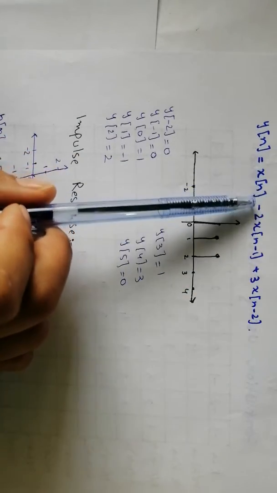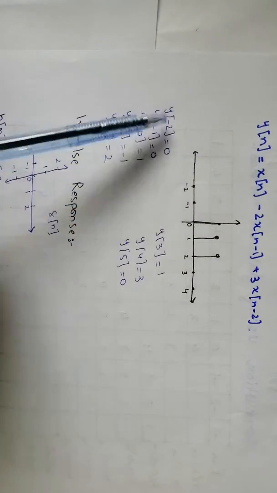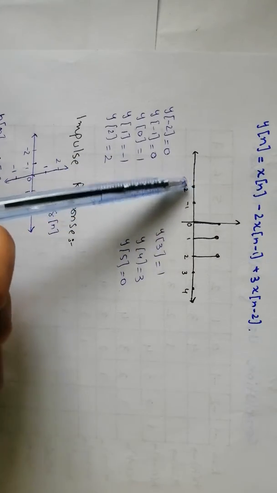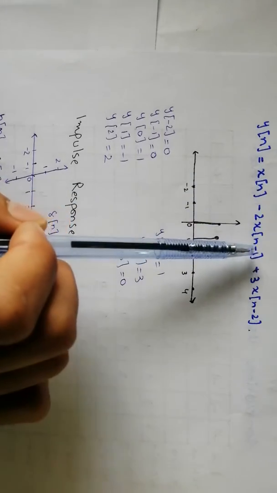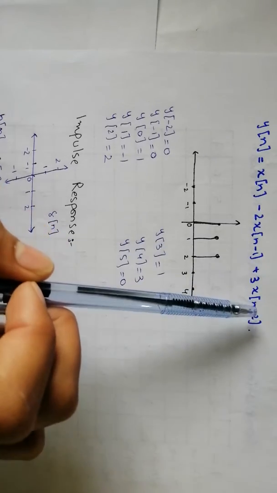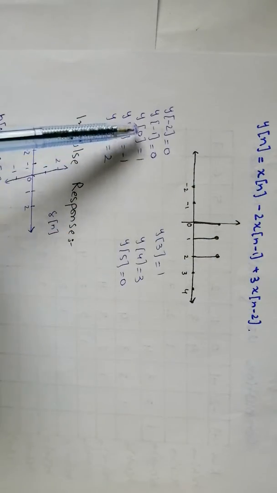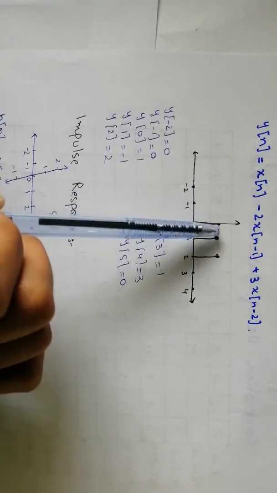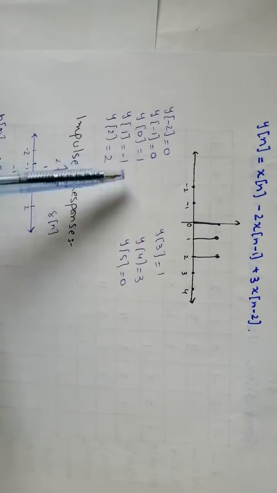For negative values, if we take minus 2, x of n will be 0, because there is no value of x at minus 2. Meanwhile, for minus 1 it has no value either, so we get 0 value over here. We start having value from y of 0, because x of 0 over here is 1. So minus values are 0.